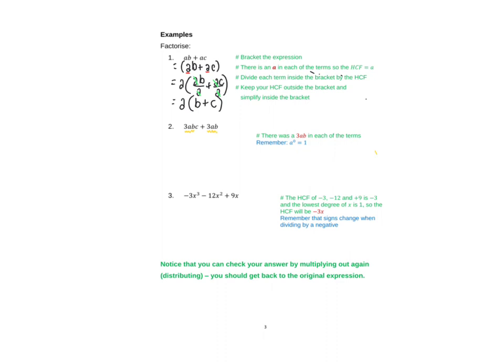So we go ahead and bracket the whole expression. The brackets are always there anyway, we just don't always write them. And then we take out the common factor, which is 3ab, and inside the brackets we divide each of our terms by the common factor that's outside the bracket, 3ab.